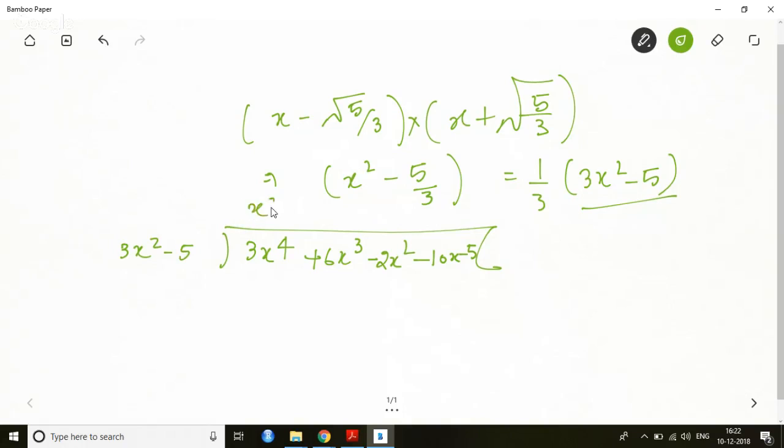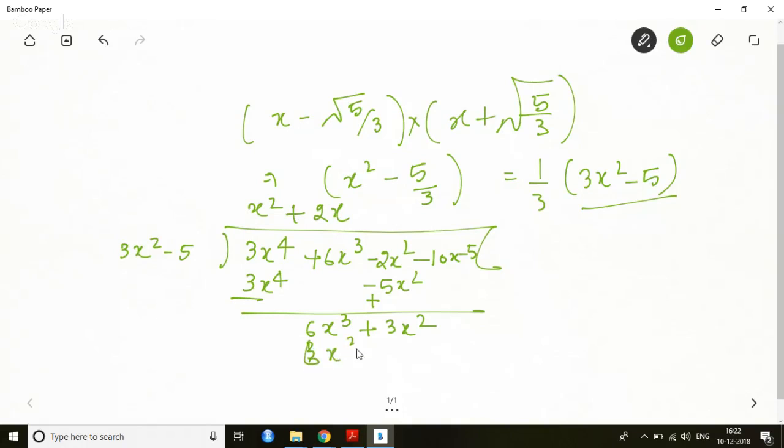So this will go x square times. So this becomes 3x to the power 4 minus 5x square. So I get minus and plus here. So I have 6x cube plus 3x square. So this will give me plus 2x here.